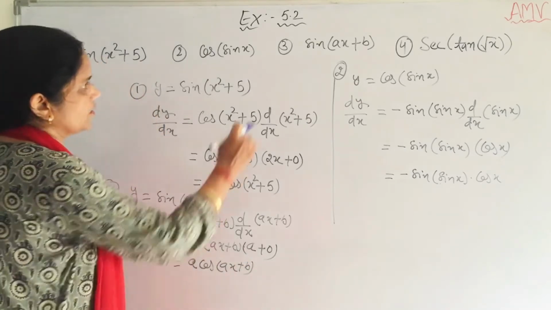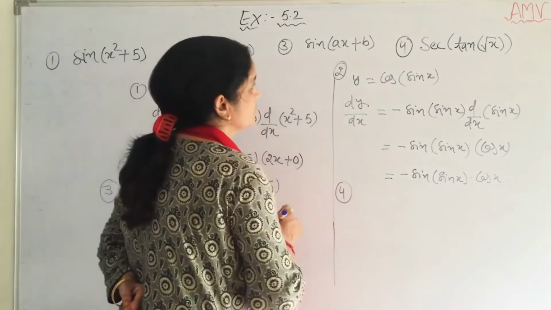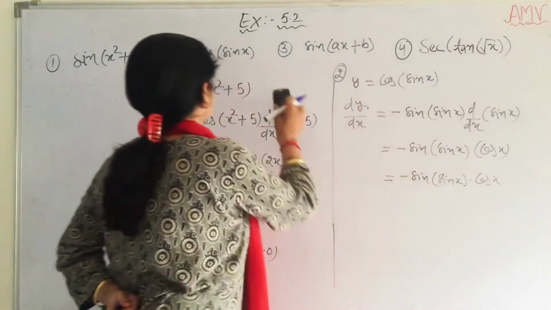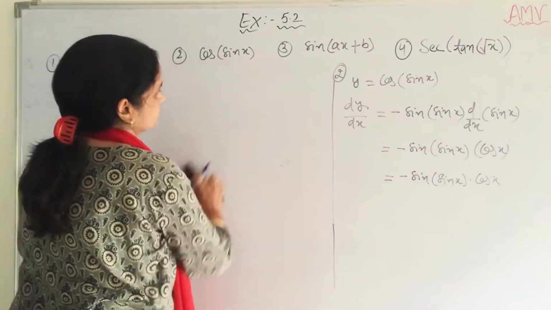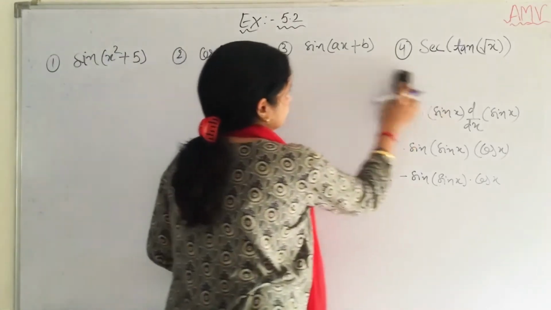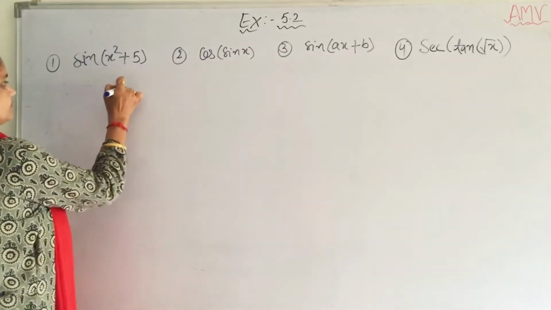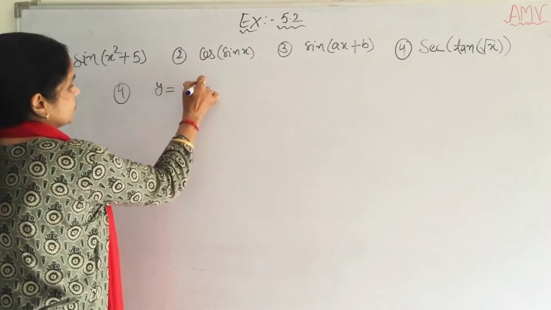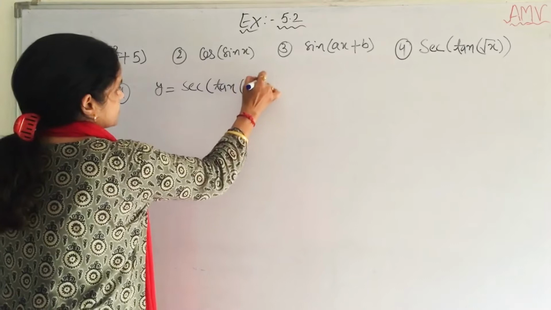Now for the fourth one, question number 4. The question is y is equal to sec (tan root x).